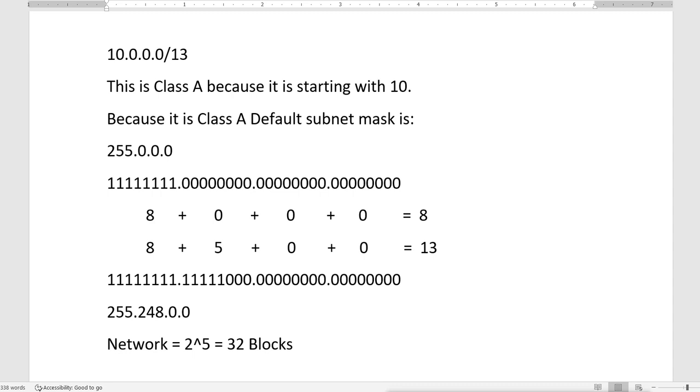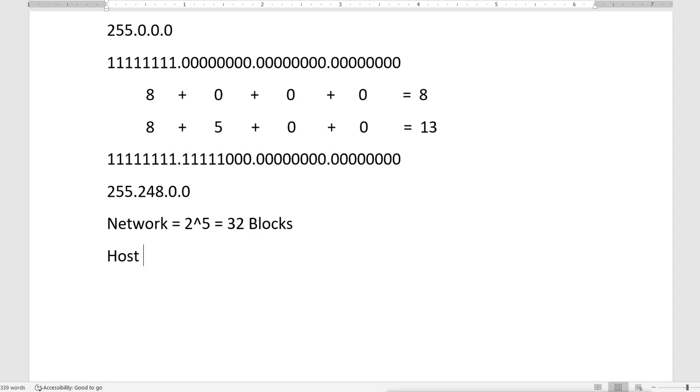Now for each block, how many host IPs am I getting? I count the total number of zeros available and raise 2 to that number. How many zeros do I have? 8 and 8, 16, all these bits are 0. Then these three bits are also zeros: 16, 17, 18 and 19.